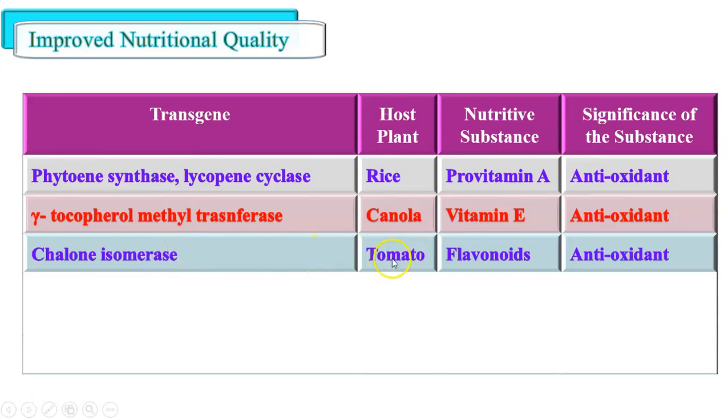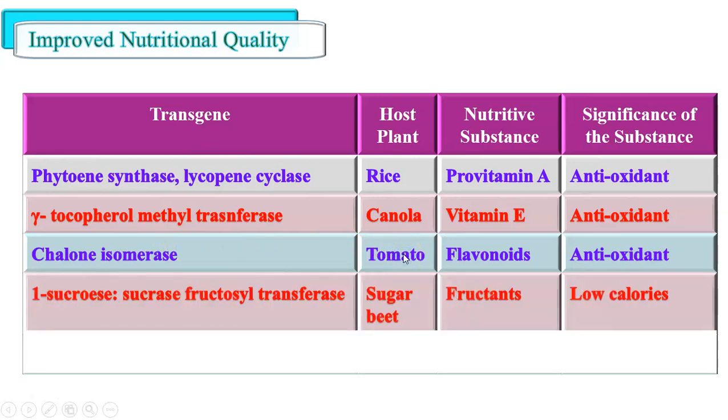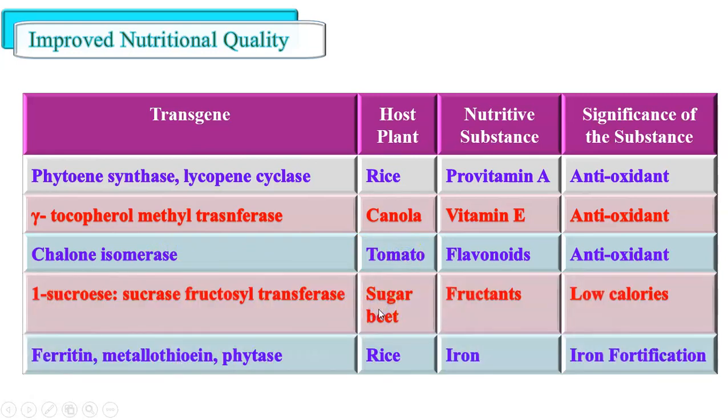This is transgenic tomato. So also the sugar beet and rice plant fortified with the iron content and that is because of the introduction of ferritin gene into this rice plant. So iron fortification has occurred.